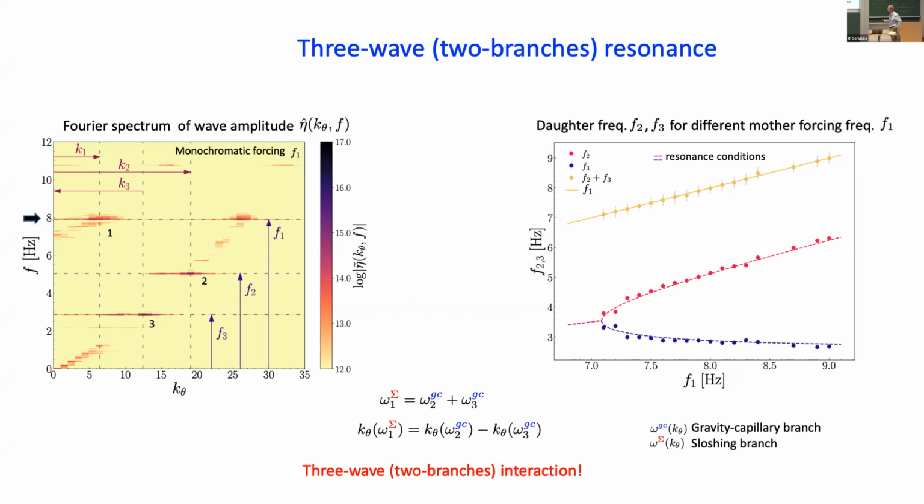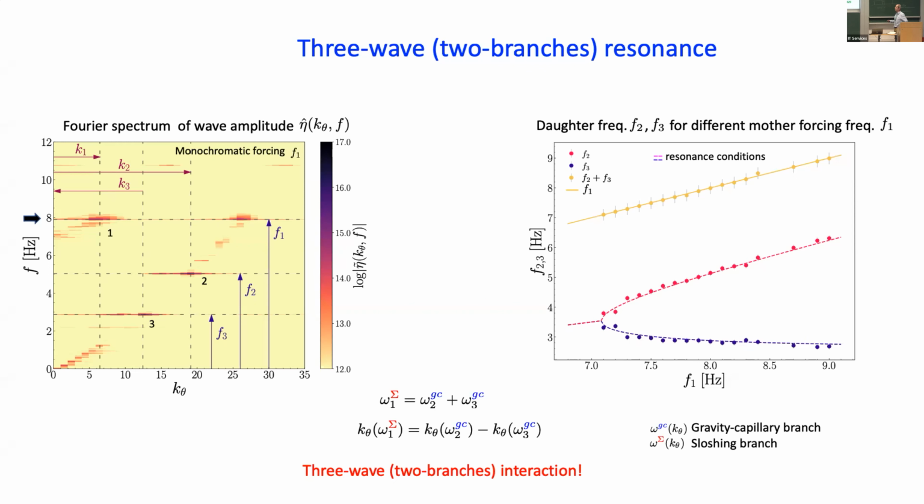If you force the system close to the sloshing branch, you light up this point, also this point from the gravity capillary branch, and you also light up these two points that verify the relation in wave number and in frequency, using the sloshing branch here and the gravity capillary.